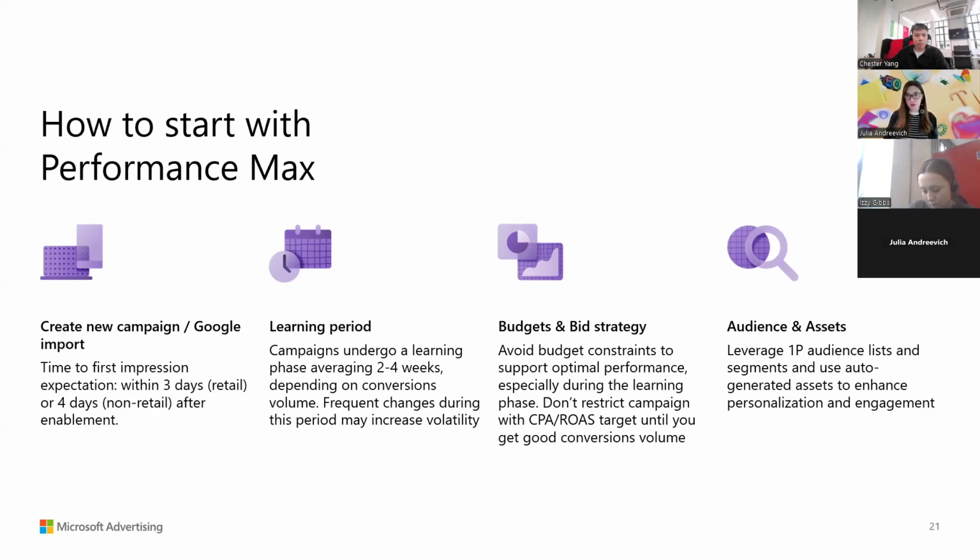And then you can add these targets on top of your bid strategy. And lastly, I don't know how many times I mentioned already that it's very important: leverage first-party audience lists. You can actually create some of those in the Diginius platform and then use them for your PMax campaign.